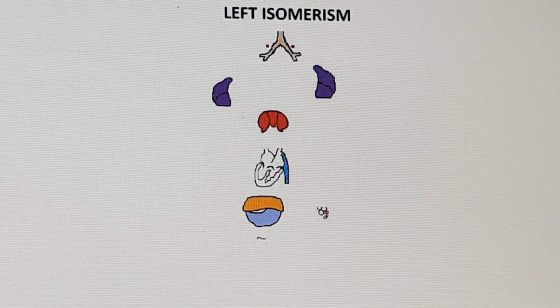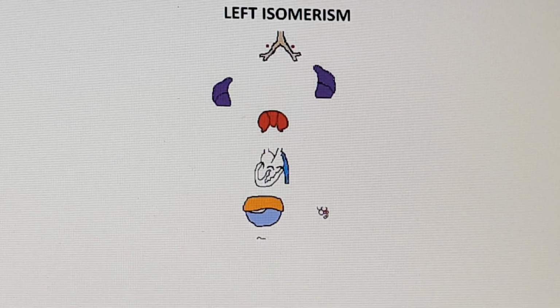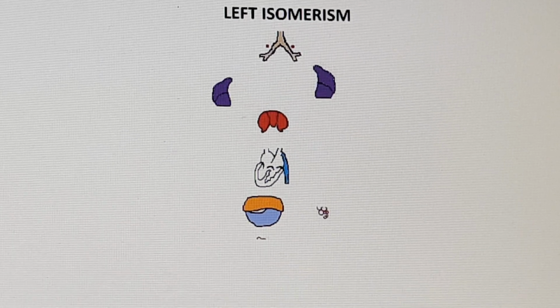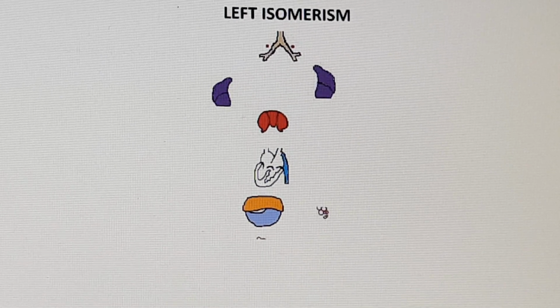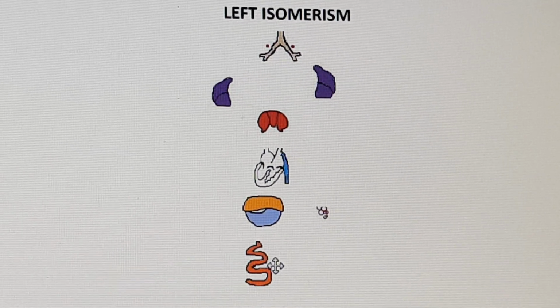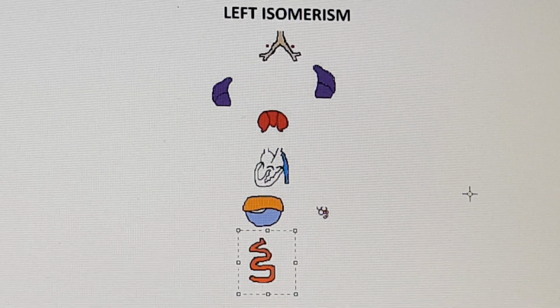Then in the abdomen, usually there is malrotation, and the jejunal loops, like the stomach, would be central, and they are predisposed for malrotation. So that is the abdominal viscera with malrotation.